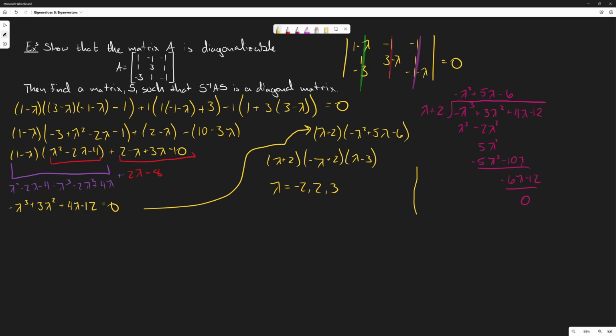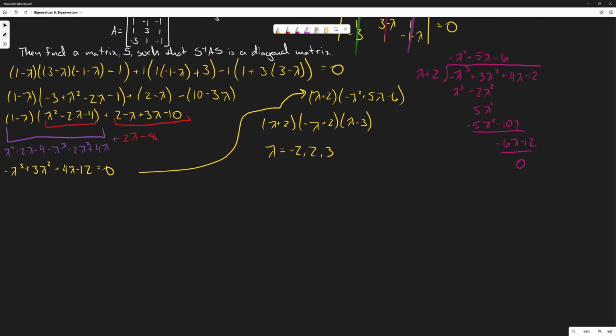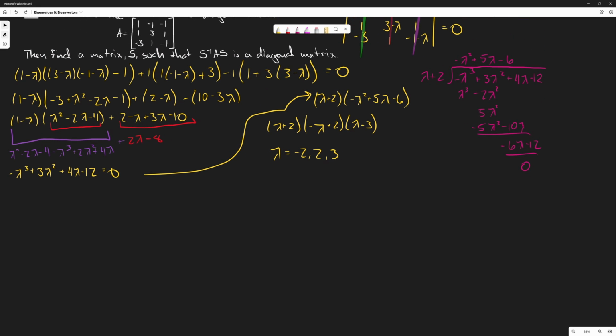So now we have to find our eigenvector. Oh, I need to see the A. Okay, so when lambda is equal to negative 2, we get that this would be 3, 1, negative 3, negative 1, 5, 1, negative 1, 1, and then 1.